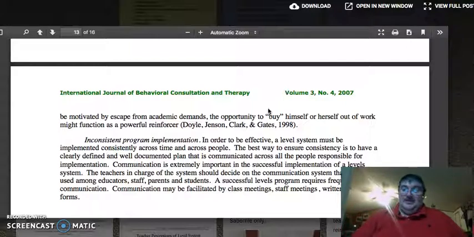Some of the challenges to level systems are that a lot of newer staff think they are outdated, and since you are designing a level system particularly for students with EBD, they tend to say that you're segregating these students, which goes against the idea of creating individualized instruction and management, and therefore they say they are teacher controlled instead of being student self-management ideas.